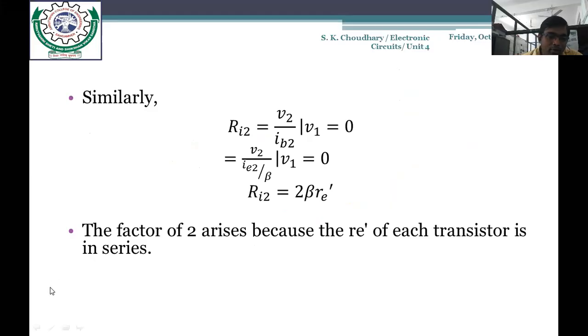So you can see in both the resistances Ri1 and Ri2, a factor of 2 arises because the Re dash of each transistor is in series. If you refer to the diagram, Re dash of each transistor is in series. That's why a factor of 2 arises. Okay.